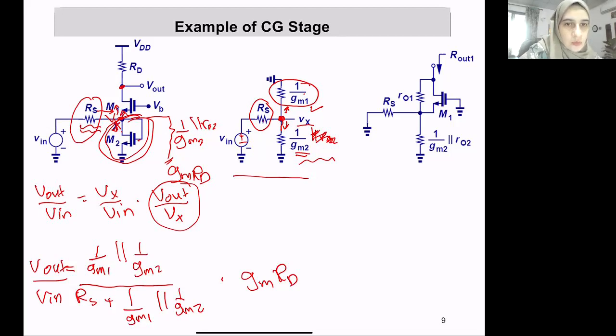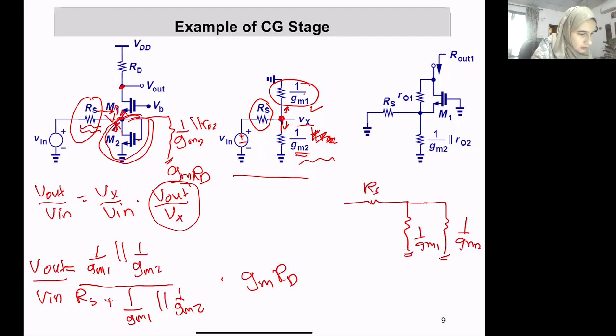If we look at M1, we just replace that with the input impedance of the amplifier, which is 1 over Gm. Looking down at M2, we replace it with the equivalent circuit of a diode connected transistor, which is 1 over Gm2. Therefore, it will look like this: 1 over Gm2 in parallel with 1 over Gm1, and there is Rs here, and this is Vn, and this is Vx.